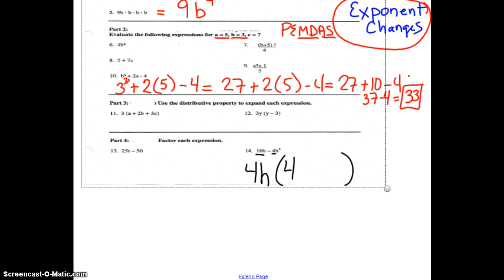We don't have any h's left. So we move on to our minus sign. 4 divided by 4 is 1. H squared means we've got 2 h's. Divided by h means we're going to have 1 h left. So we have our factored form of 4h times the quantity of 4 minus 1h.